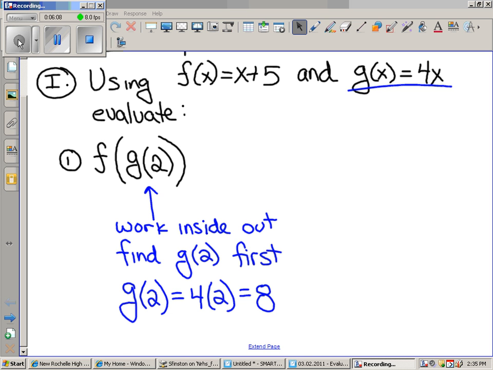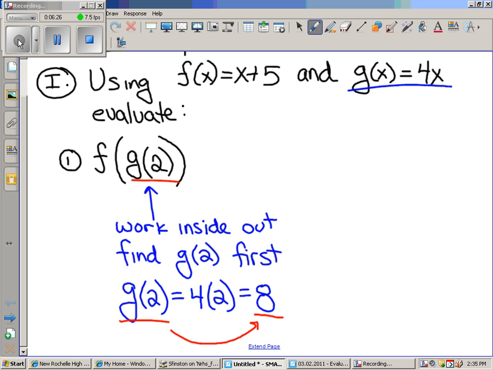All right. So we found that g at 2 equals 8, which means that we could sub this out with this. Do you see that? G at 2 equals 8. And so really, instead of saying g at 2 on the inside, I could say this is the same thing as saying f at 8.